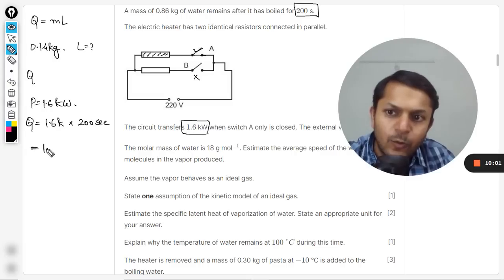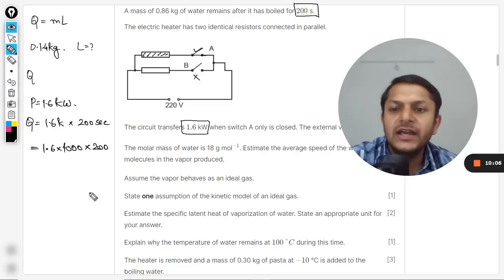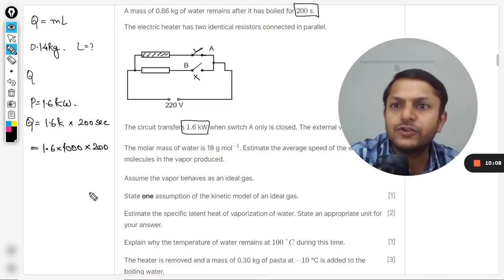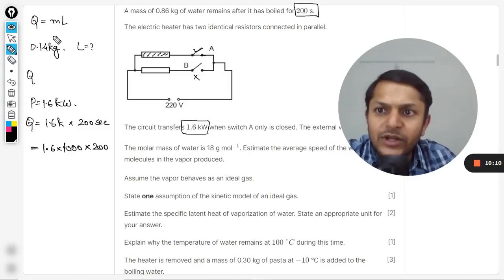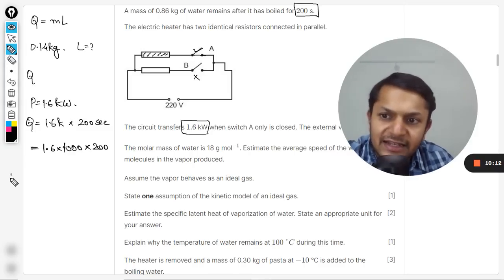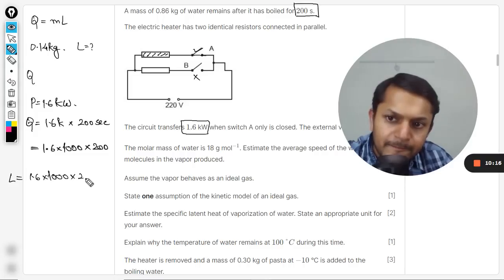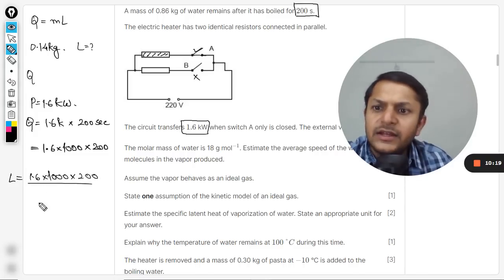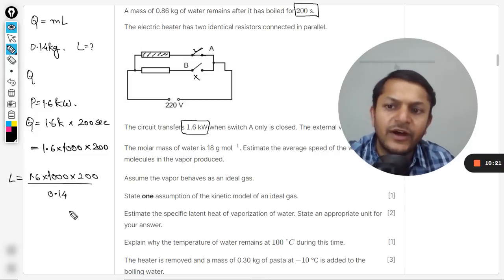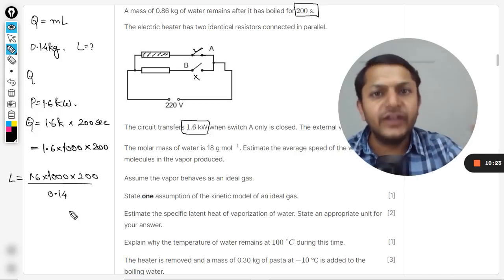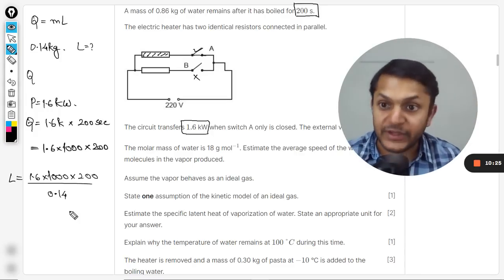So it will be 1.6 into 1000 into 200. This is the total energy that is given to the water, and this will be equated with M into L. It means that the latent heat should be given by this energy divided by 0.14, which is M. So we are going to find the value of L from this.